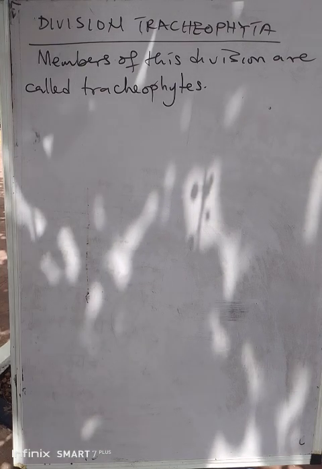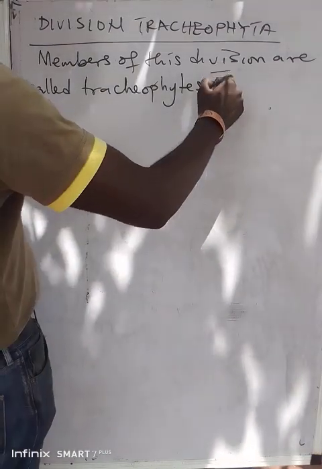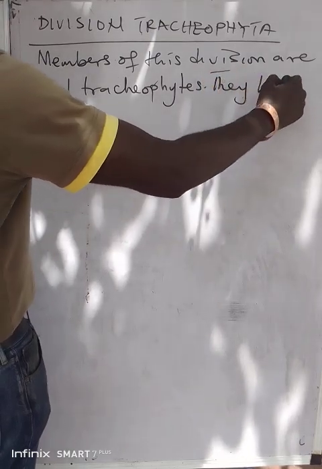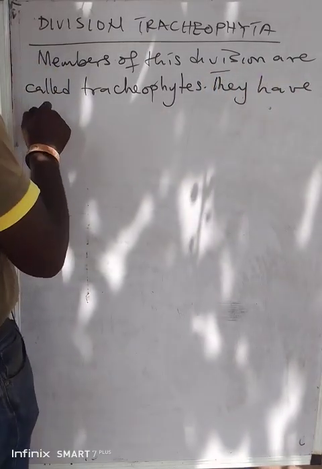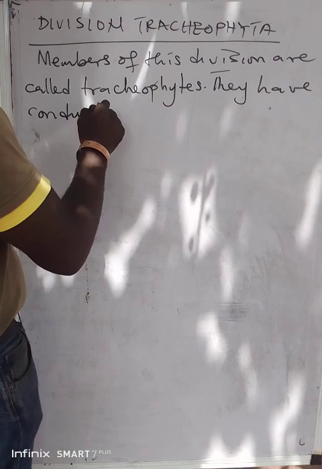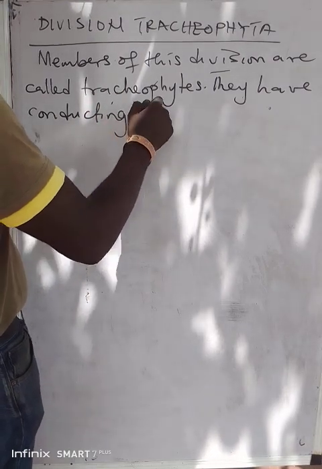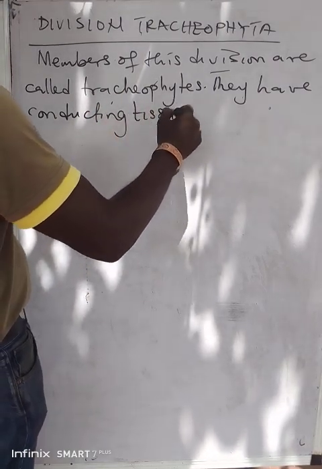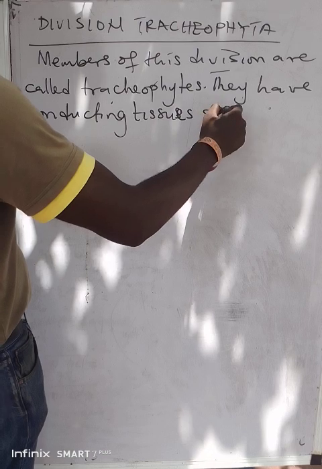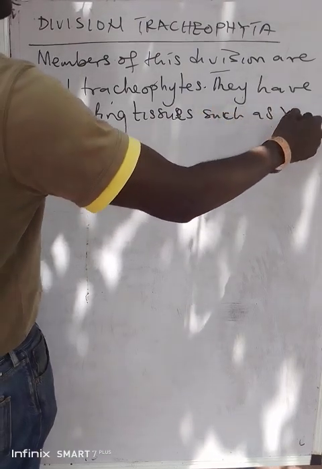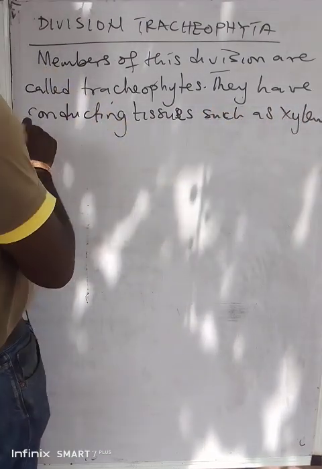So why are they tracheophytes? They have conducting tissues, such as xylem and phloem.